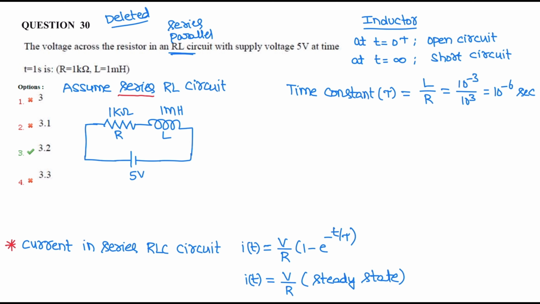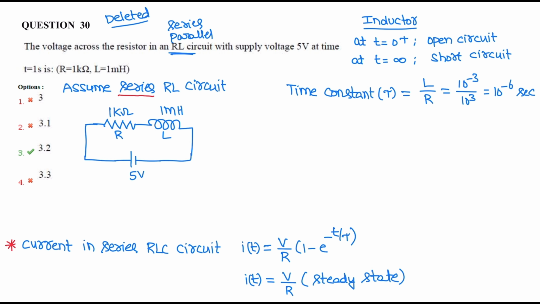For a series RL circuit, the inductor at t equal to 0 plus is open circuit. In steady state, the inductor acts like a short circuit. The time constant of a series RL circuit, tau, is equal to L by R, which is 10 power minus 6.